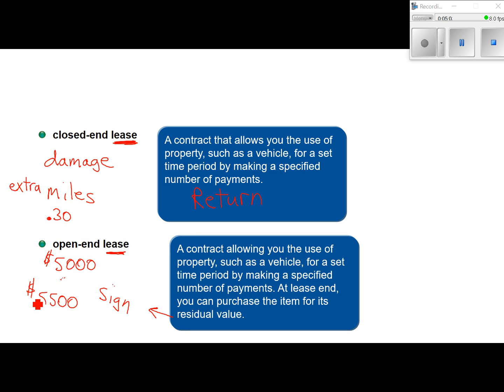So it was just going to be cheaper for them to go ahead and pay the $5,000 and buy the car. So two different kinds of leases: closed-end, where after it's over you turn the car in, and open-end, where you have the option to buy the car at the end of the lease.